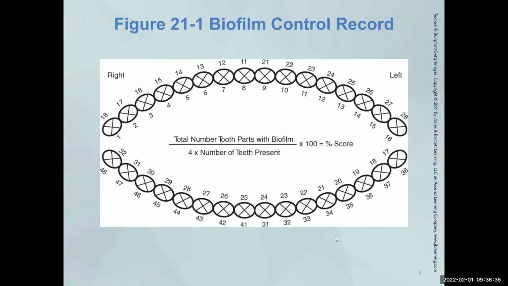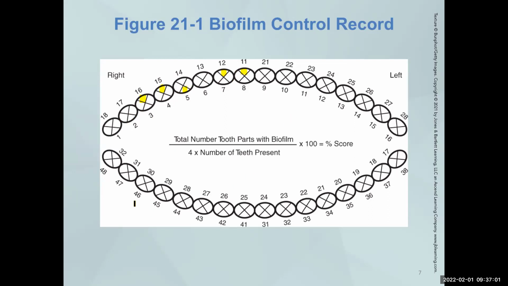Okay, it looks at all of the teeth, and what you're doing is you're coloring in here. Let me see if I can do that. So, there's biofilm here, here, here, and you're just going through and coloring in. And then what you're doing is you are adding all of these up.